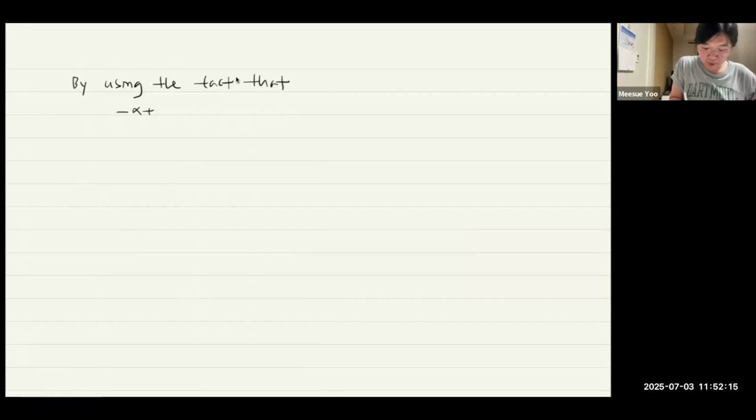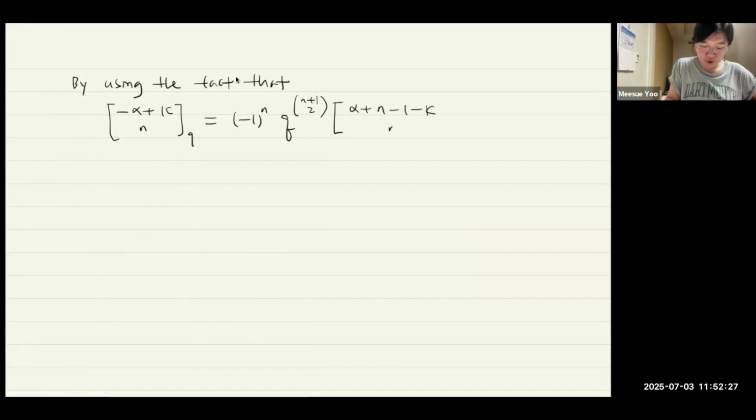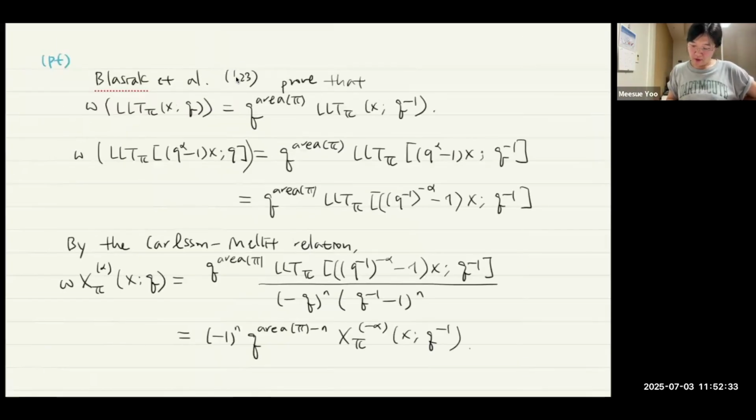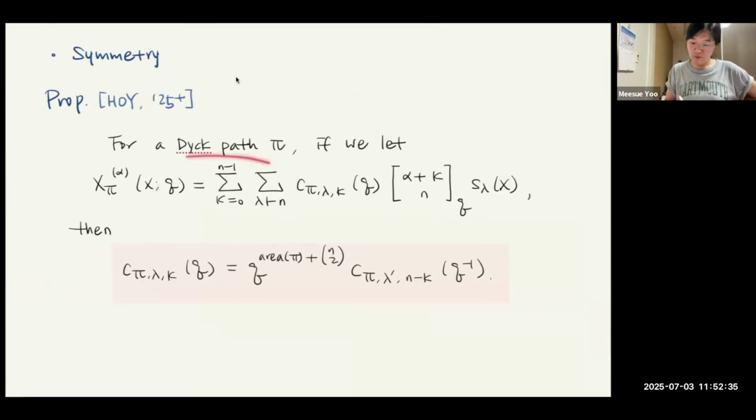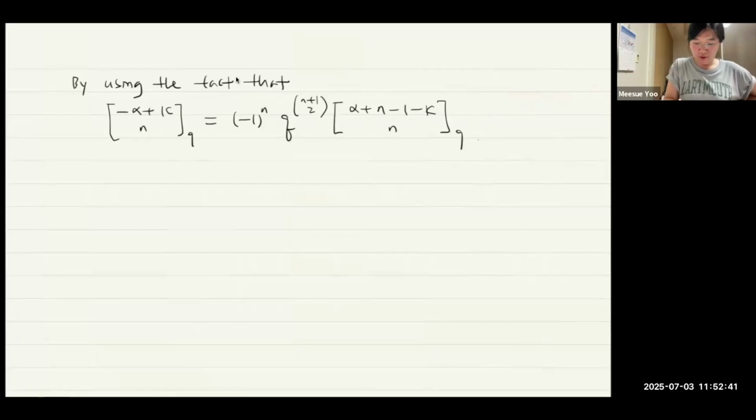The minus alpha plus k choose n q binomial coefficient is equal to minus 1 to the n, q to the n plus 1 choose 2 times alpha plus n minus 1 minus k choose n q binomial. So if we use this relationship in here, given this coefficient, then you can get this relationship right away. So that will give the symmetry relation.